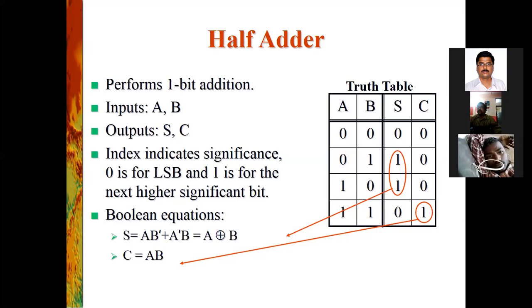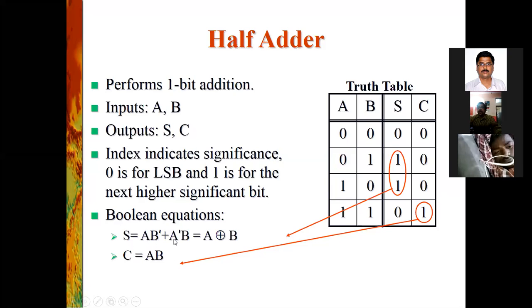Followed? So that means the sum output is nothing but an XOR gate. In general, this is the expression for an XOR gate: A into B bar plus A bar into B.